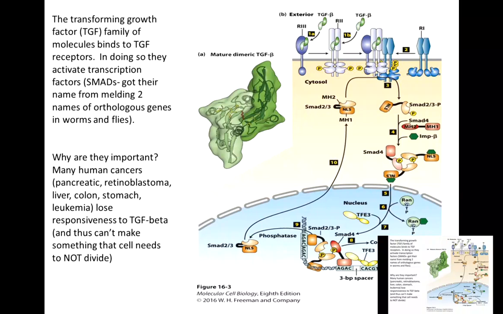It was a transforming factor. And like you've seen in other aspects of biochemistry and cell physiology, before they know what it is, they call it a factor. And they didn't even know it was a protein at that point.